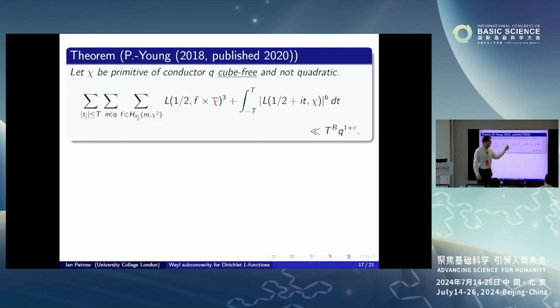So even though f does not have trivial central character, and chi is now not quadratic anymore, this twisted thing still has trivial central character, so we can apply the positivity arguments. Here, essentially for the same reason, I have absolute values to even powers, so I get something non-negative as well.